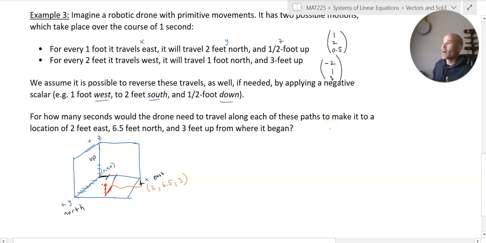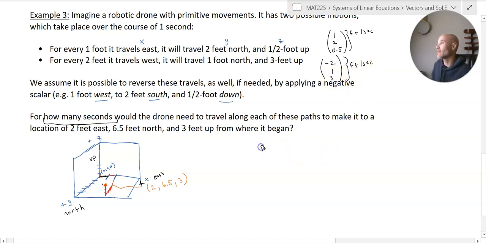Okay, now let me define variables here, because these are just per second. These are all in feet per second across all of the components. And in order to get feet, I would have to multiply these by seconds.